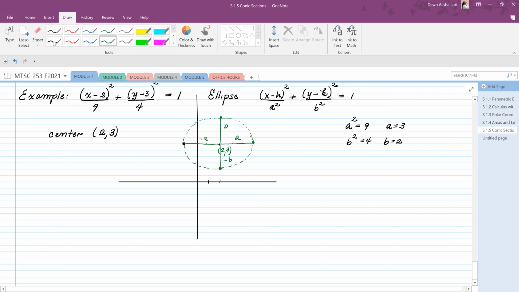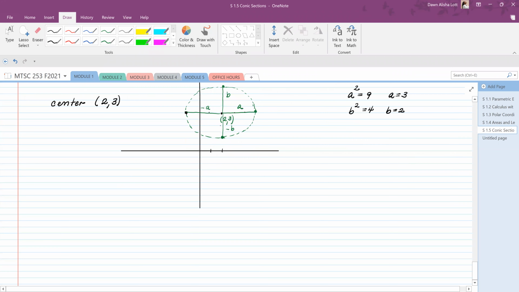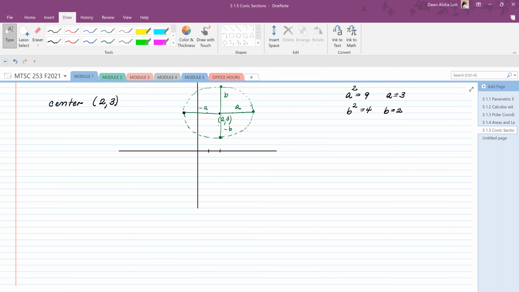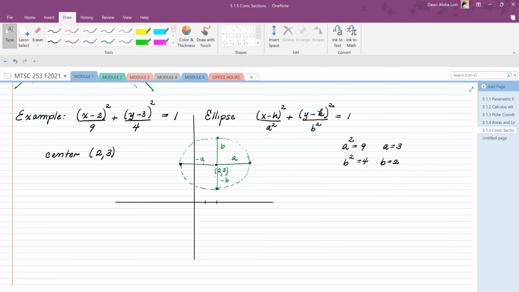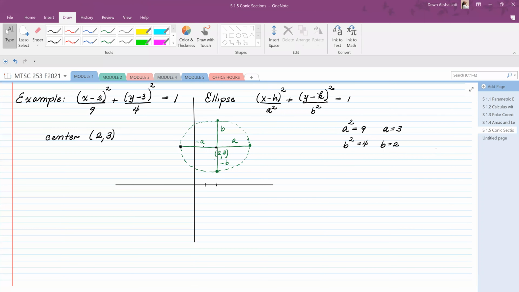Okay, so how can I find everything? All right, well, everything just shifts by a little bit. So we're going to change this and get a new variable. My new variables will be x tilde and y tilde.